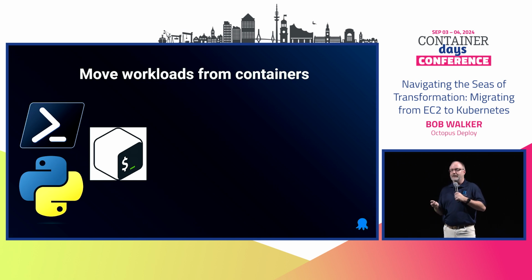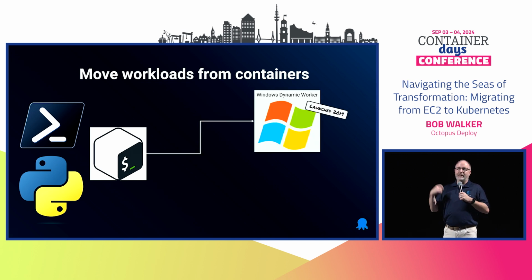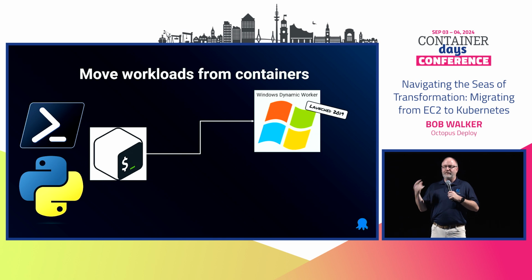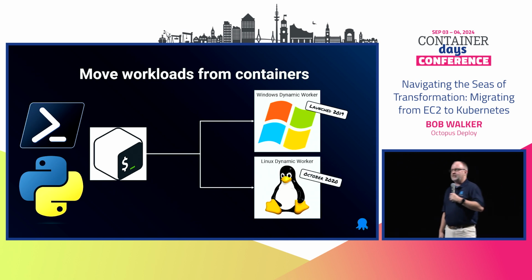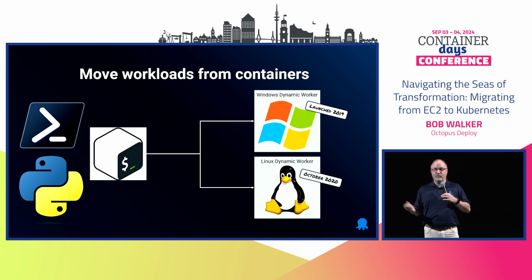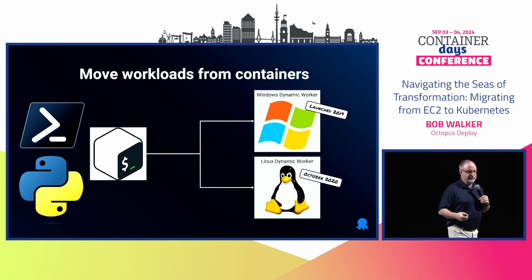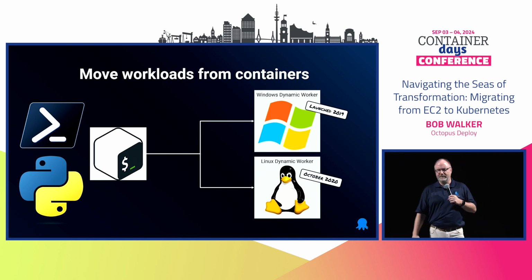They had written it to do that. And so we had to create these Windows dynamic workers. These are very short-lived virtual machines that would be destroyed after a set amount of time. So the Windows-based worker was launched in 2019, whereas the Linux dynamic worker was launched a year later, because at that point, PowerShell Core had come out and had become much more popular. Then we could also much more easily support Python as well as Bash. It just made a lot of sense.